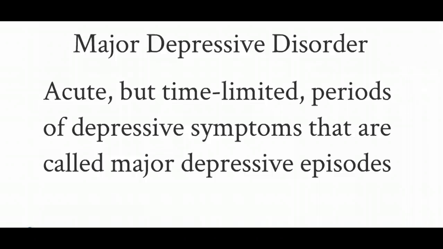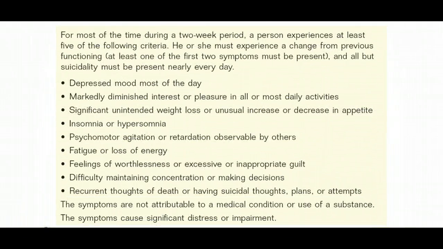What major depressive disorder is, it's an acute versus chronic, a time-limited period of depressive symptoms that are called major depressive episodes. So the time that you're depressed is called an episode. The disorder itself is referred to as major depressive disorder.